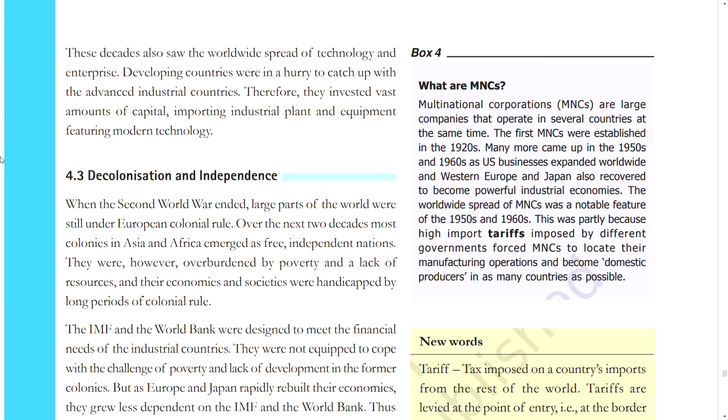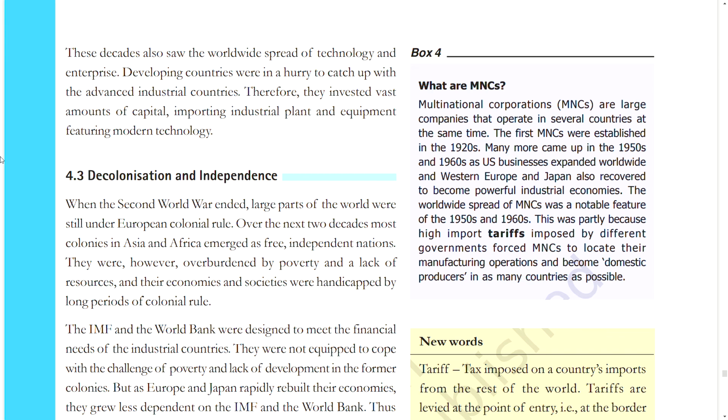Box 4. What are MNCs? Multinational companies, MNCs, are large companies that operate in several countries at the same time. The first MNCs were established in the 1920s. Many more came up in the 1950s and 1960s as US businesses expanded worldwide, and Western Europe and Japan also recovered to build powerful industrial economies.